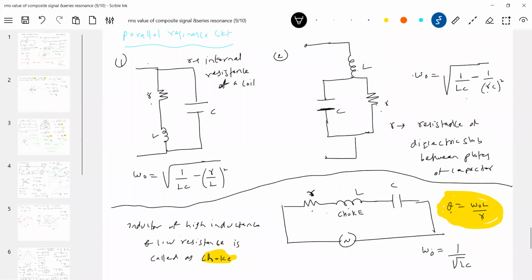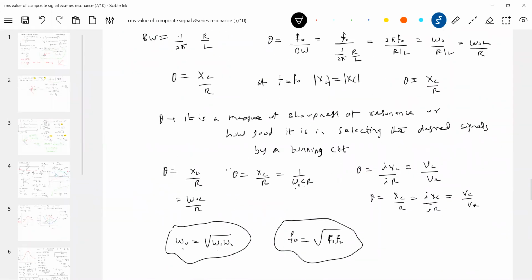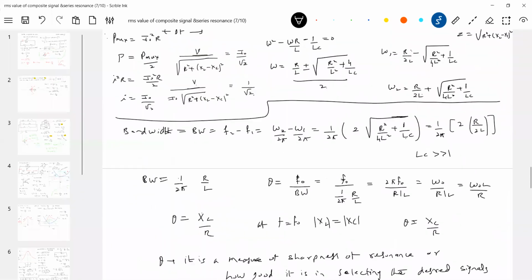Once again, what is the quality factor? It's a measure of the sharpness of resonance, or how selective the circuit is. So we have brought up various definitions. Next, in terms of R, we have this from the graph.